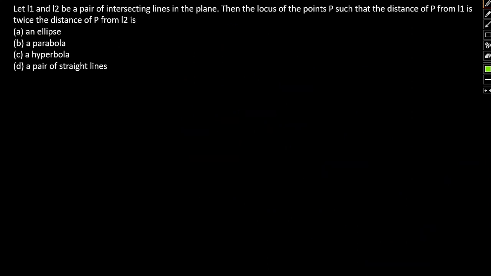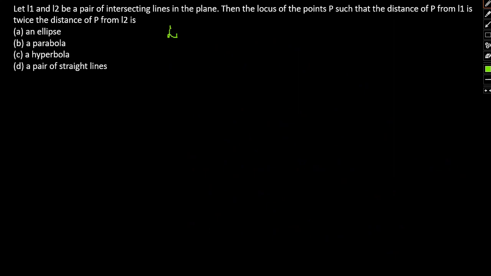Let L1 and L2 be a pair of intersecting lines in a plane, then the locus of the point P such that distance of P from L1 is twice the distance of P from L2. So what does this particular condition represent, we need to take a look.